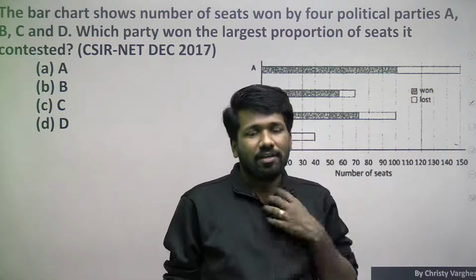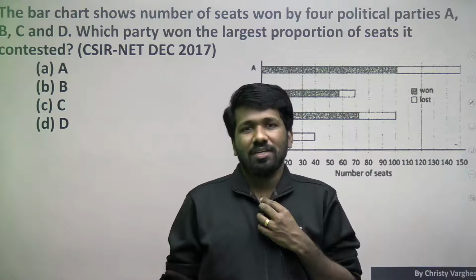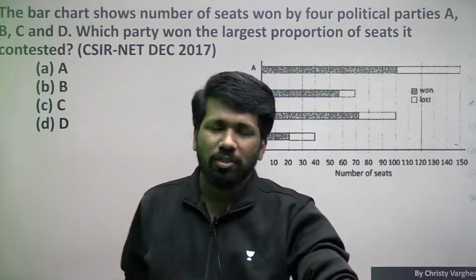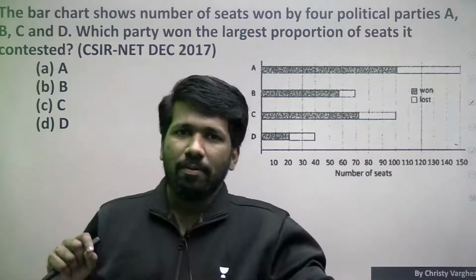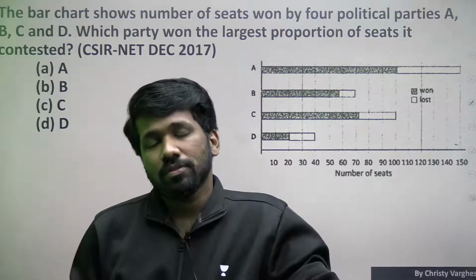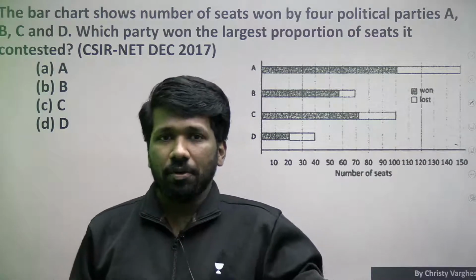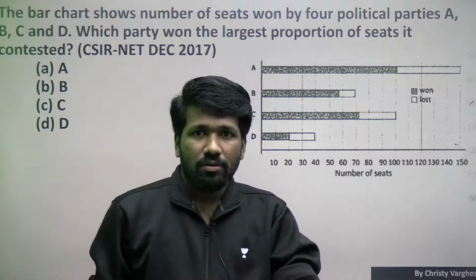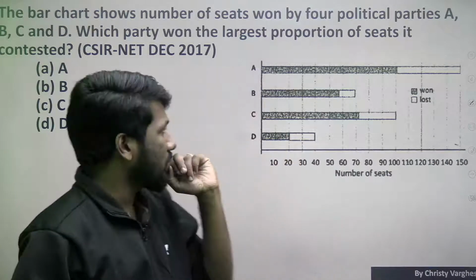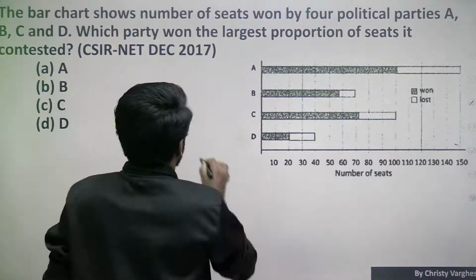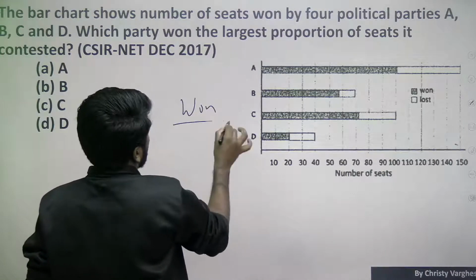One major factor we check is the winning percentage. Winning percentage means matches won as captain divided by matches played as captain, into 100, and that ratio should be maximum. Similarly, largest proportion of seats contested means seats won divided by seats contested.